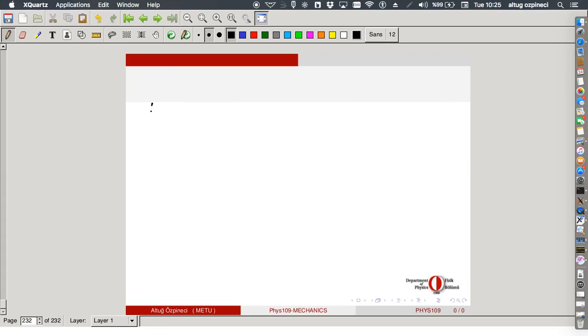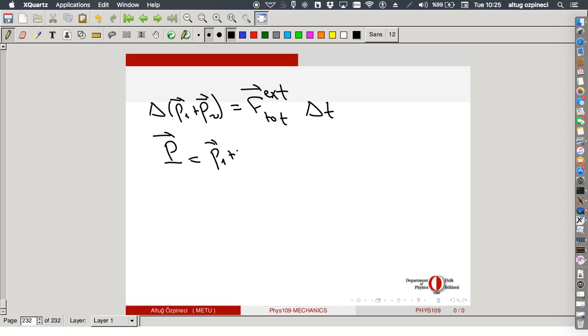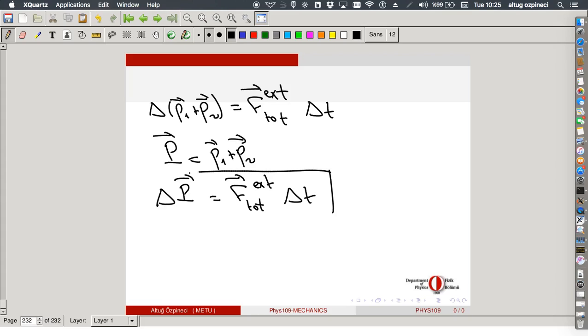Or in short, the change in the total momentum of the system is the total external force acting on my system times delta t. Let me denote by capital P the total momentum. So we know that the change in the total momentum of my system is the total external force times delta t.